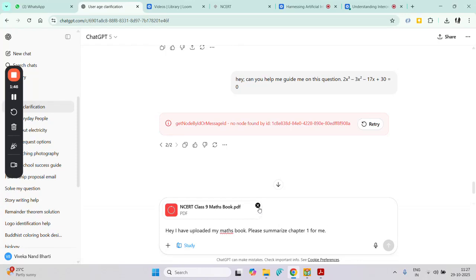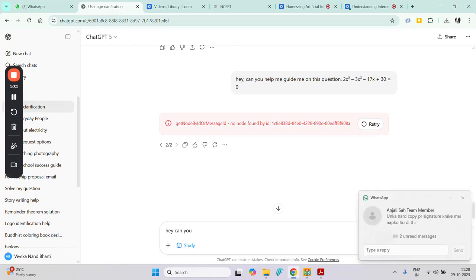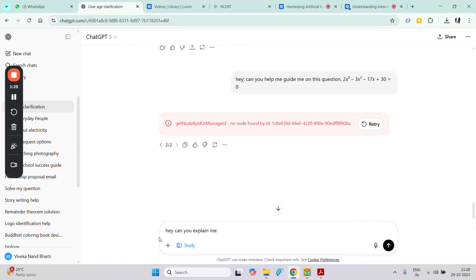For example, suppose you are having a math problem, right? Or, you are learning physics, okay? So, can we say, "Hey, can you explain to me Newton's third law with an example?"